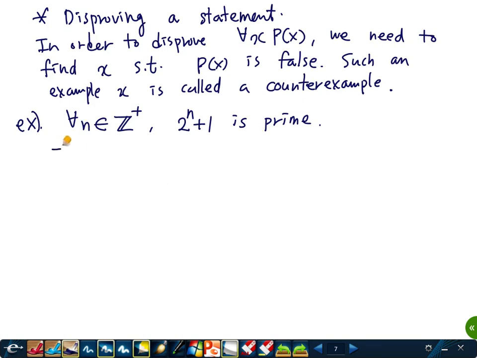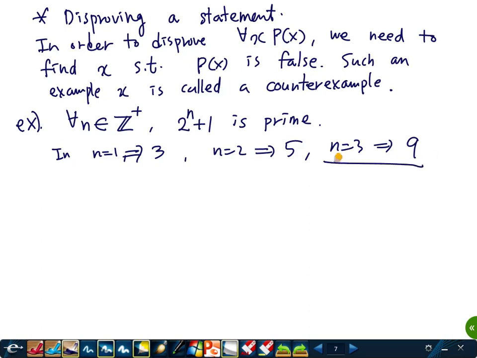Okay, let's plug in n equals 1. What is this? 3. N equals 2, 5. Okay. N equals 3, 2 to the 3 plus 1, 8 plus 1, 9. This is not a prime. So this is a counterexample. 9 is not a prime number, so n equals 3 is a counterexample.